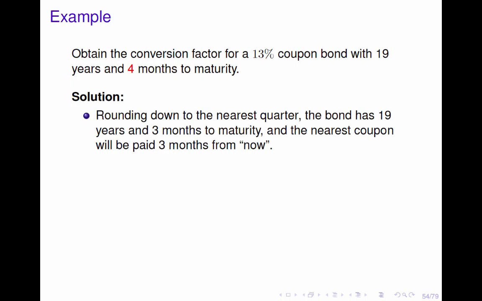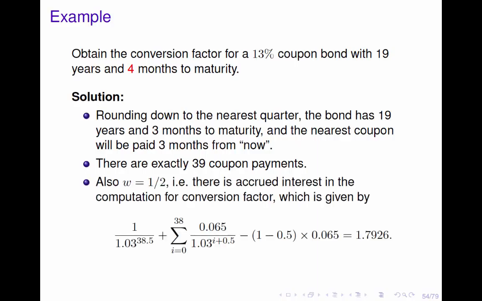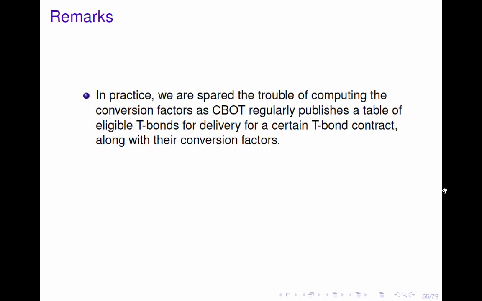Rounding down to the nearest quarter, this bond has 19 years and 3 months to maturity, and the nearest coupon will be paid 3 months from now. Therefore, in this case, there are exactly 39 coupon payments. The corresponding W will be equal to half, and we have to take into account the accrued interest in the computation for the conversion factor as well.